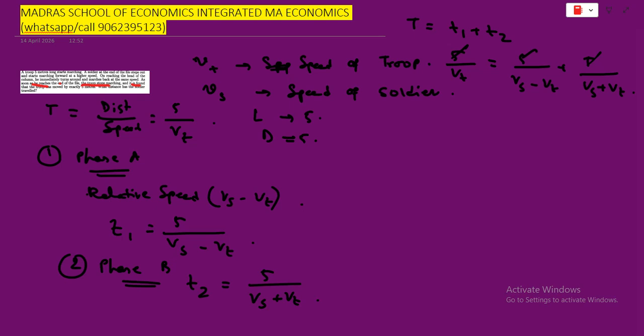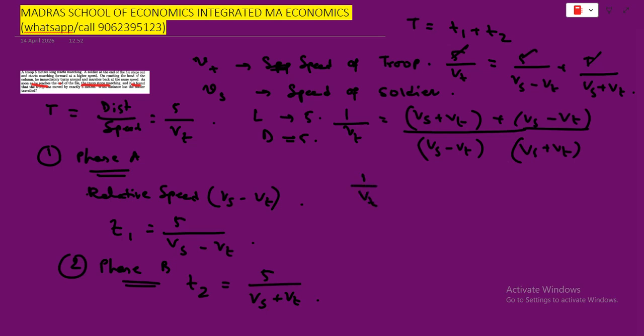So we get 1 by Vt equal to, in the denominator, Vs minus Vt into Vs plus Vt, and the numerator will be Vs plus Vt plus Vs minus Vt, right? So 1 by Vt equals 2 Vs by Vs square minus Vt square. Now cross multiply. So Vs square minus Vt square equals 2 Vs Vt.